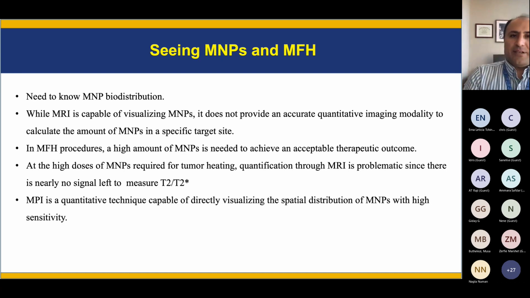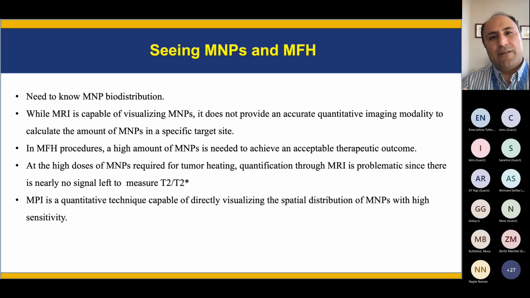As I mentioned in a couple of previous slides, we have two options to see the magnetic nanoparticles. The first one is MRI, the second one is MPI. But for MRI, as I mentioned, we cannot do any quantification, and at high concentration this technique is unable to do quantification.